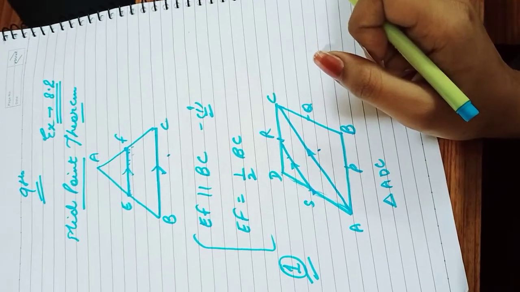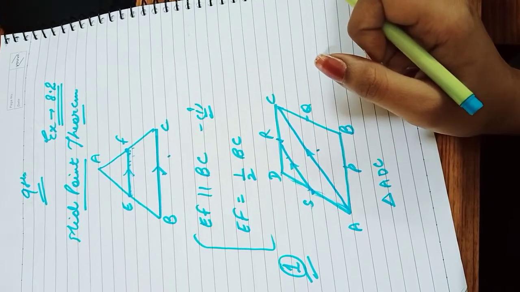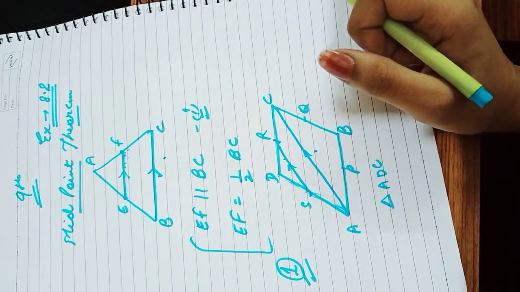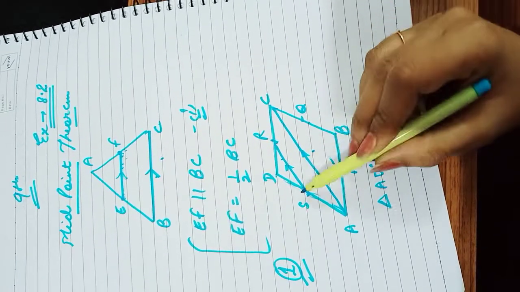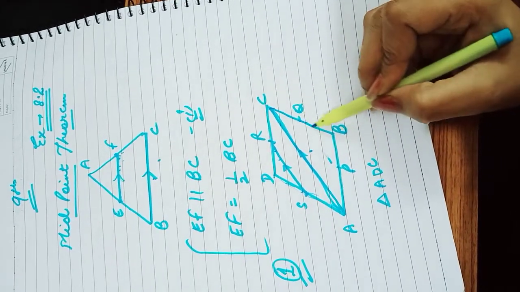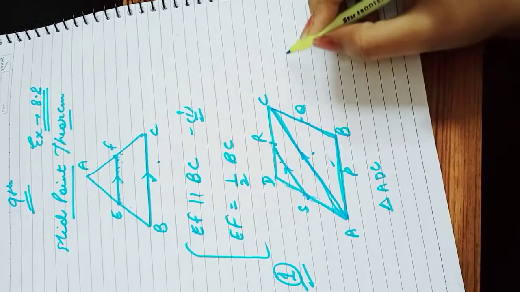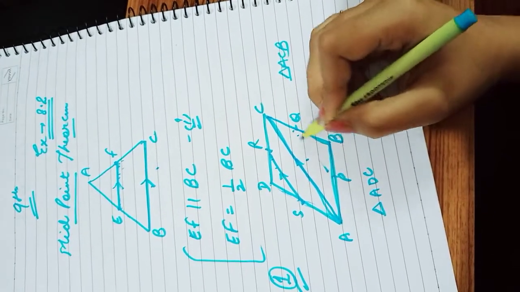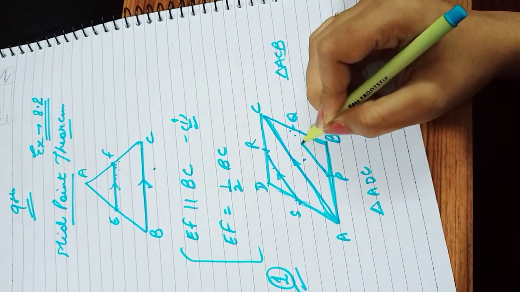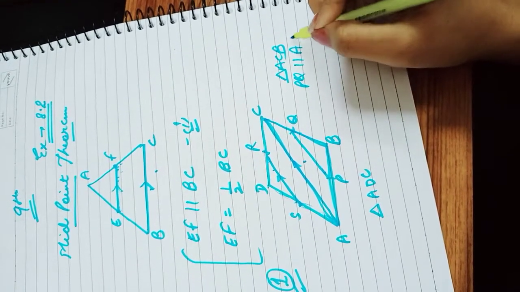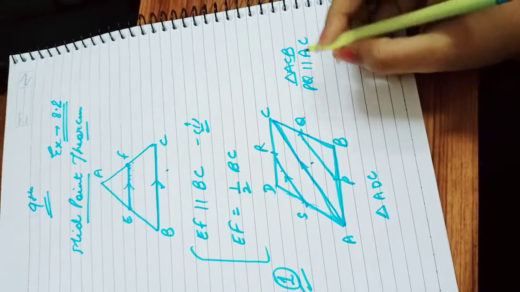Okay. Now, the second part is prove that PQ is equal to SR. Now just go to triangle ACB. In triangle ACB, these are the midpoints. So the line joining the midpoints, that is PQ, would be parallel to AC, right?